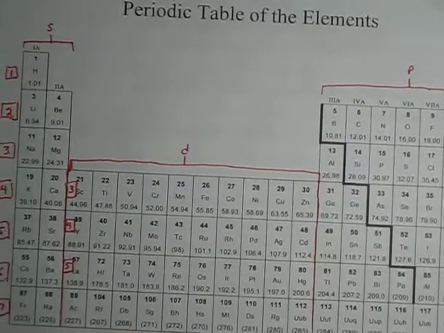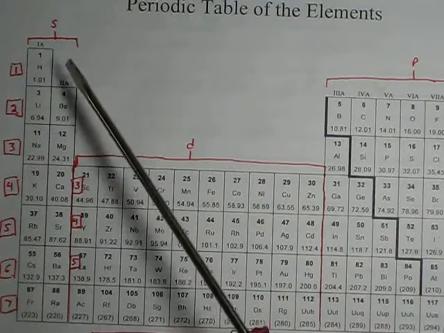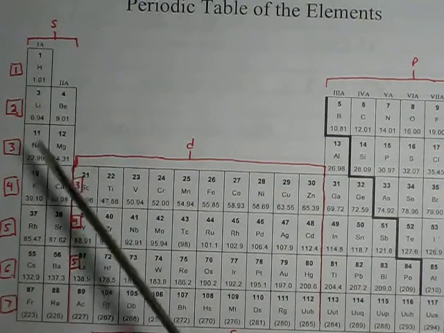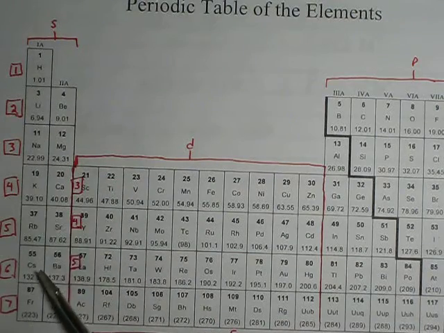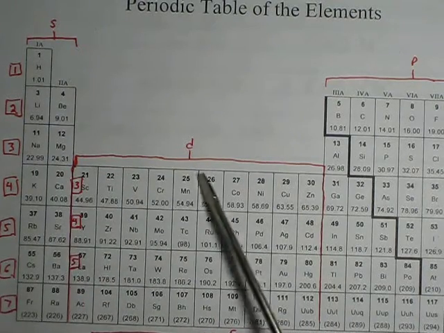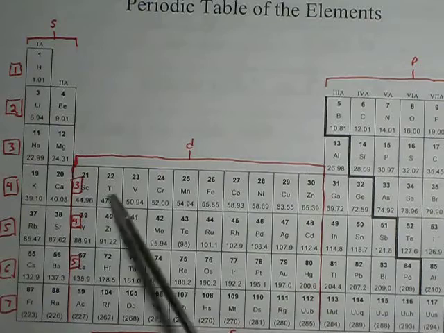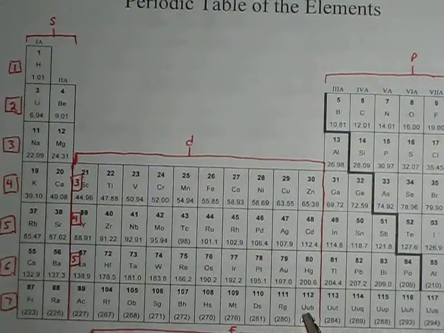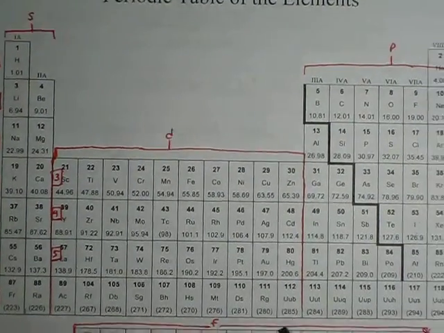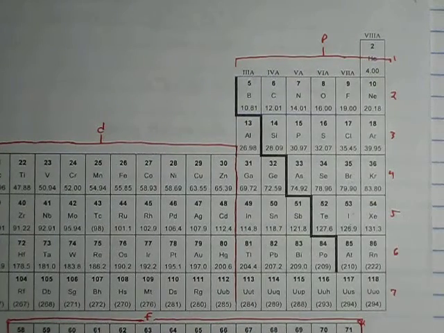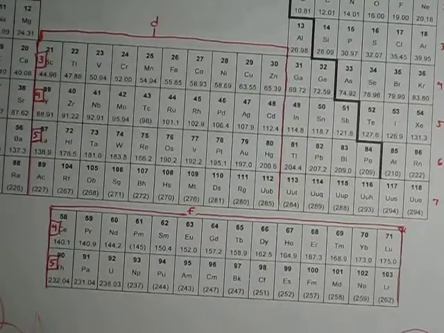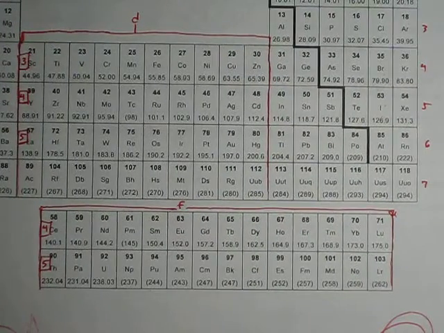So what we see here is this side of the periodic table, we call these the s block elements because the valence electrons are in s orbitals. This is the D block because the valence electrons are in the D orbitals. The last electrons get put in the D orbitals. And this is the P block because these are where the P orbitals are. And here is the F block.